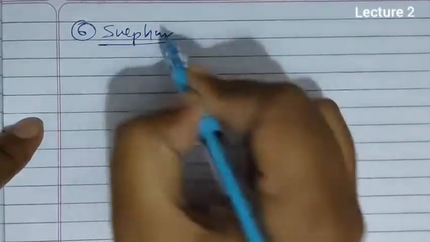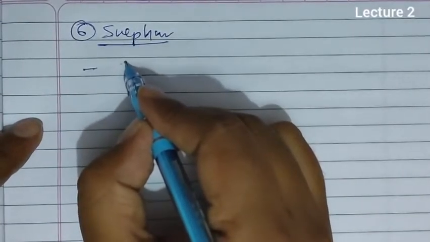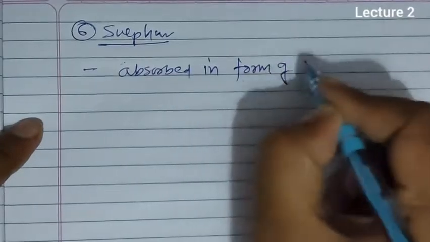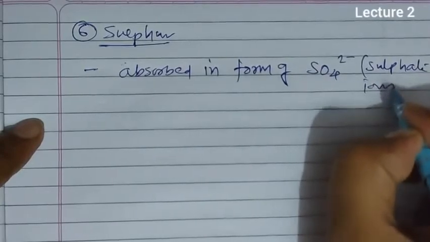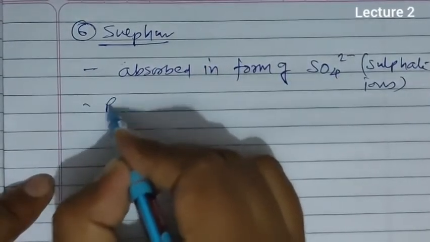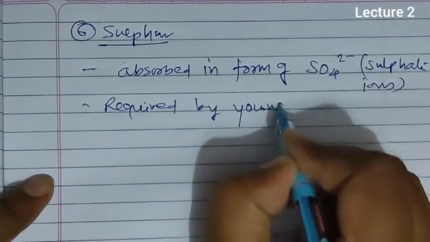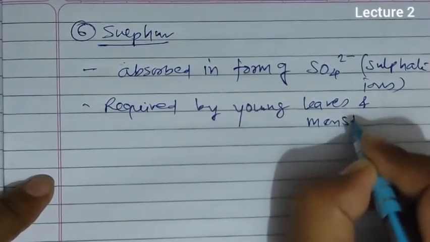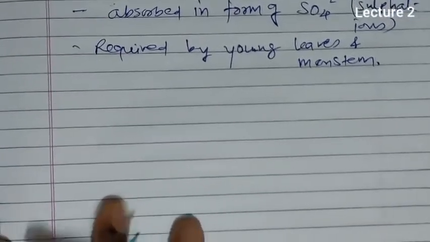Sixth element which we are going to talk about is sulfur. Plant absorbs sulfur from the soil in the form of SO4 2-, that is sulfate ions. It is required by young leaves and meristem.